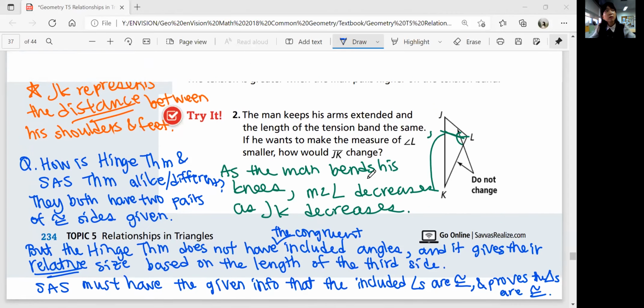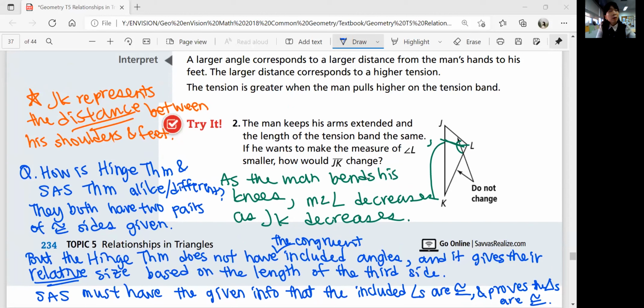So I wrote down that they both have two pairs of congruent sides as given information, but the Hinge theorem does not have the fact that the included angles are congruent. And it gives the relative size based on the length of the third side, okay?